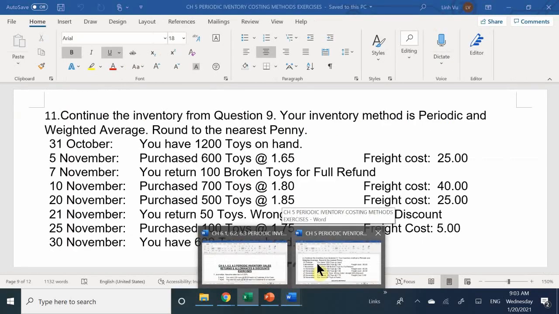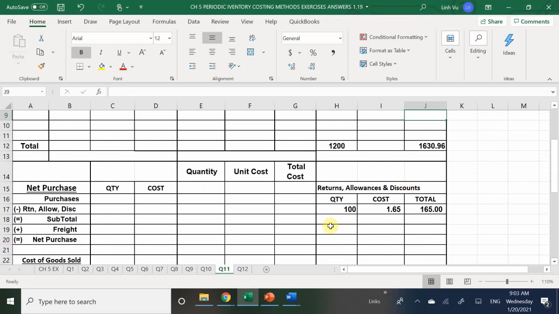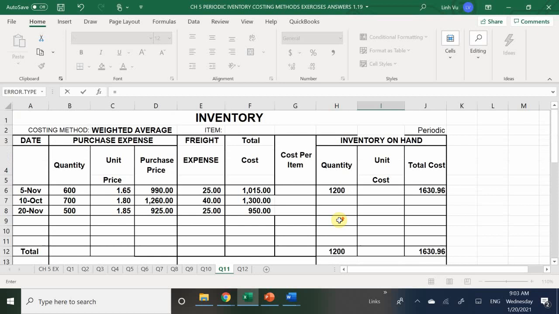All right, almost done here, guys. So then on November 21st, you returned 50 toys. They were the wrong color, but you were willing to accept a 20% discount. So how much did it cost me? $1.85.